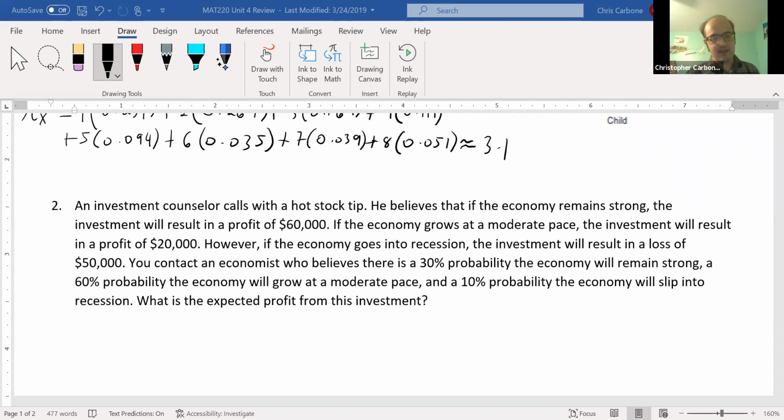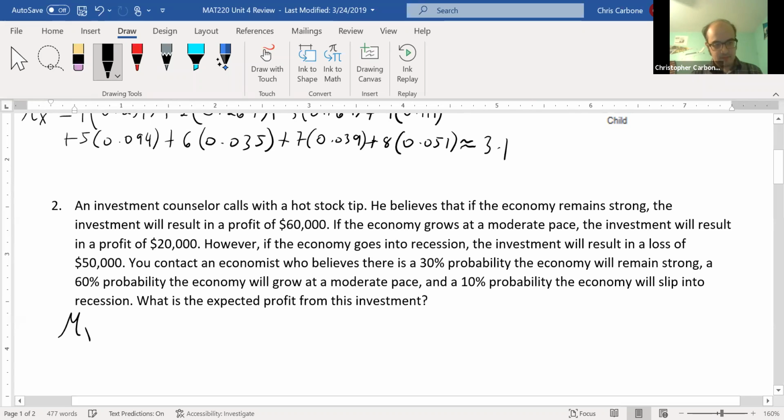You contact an economist who believes there is a 30% probability the economy will remain strong, a 60% probability the economy will grow at a moderate pace, and a 10% probability the economy will slip into recession, and we want the expected profit from this investment.